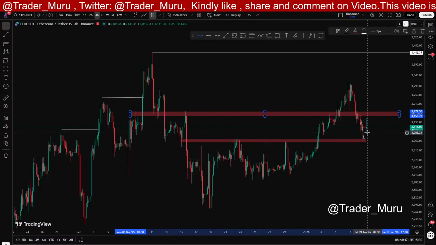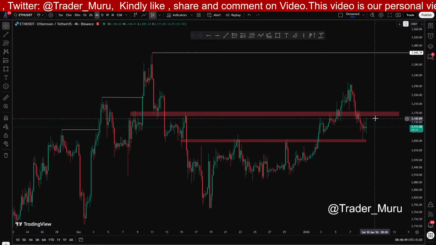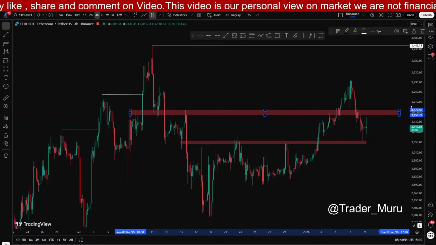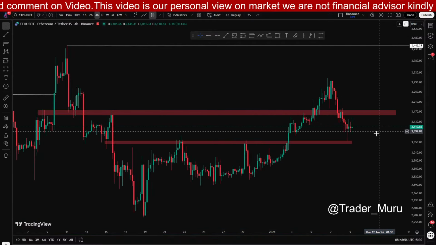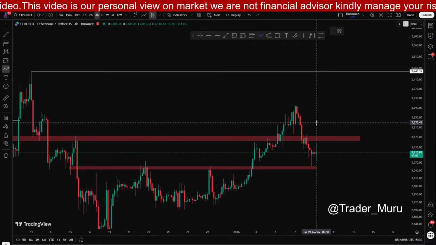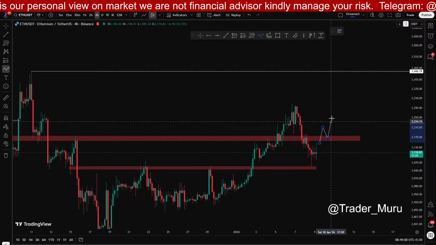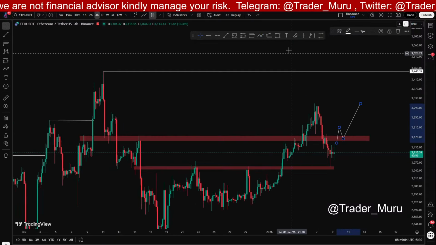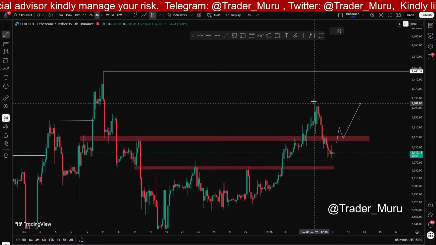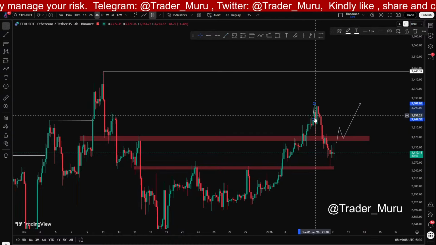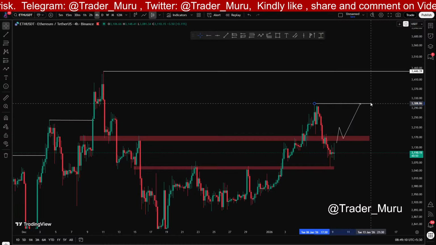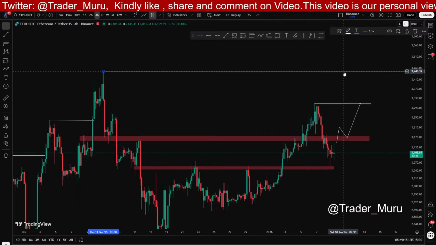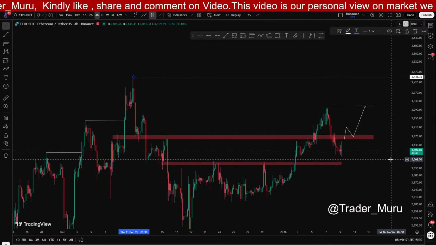So you can expect Ethereum to pump till this area around 3156 to 3177, and if this area gets flipped, you can buy for the first target this high, and the second target will be 3446.